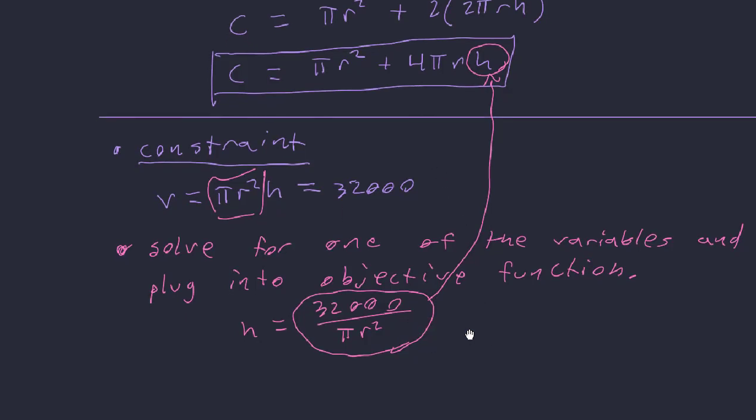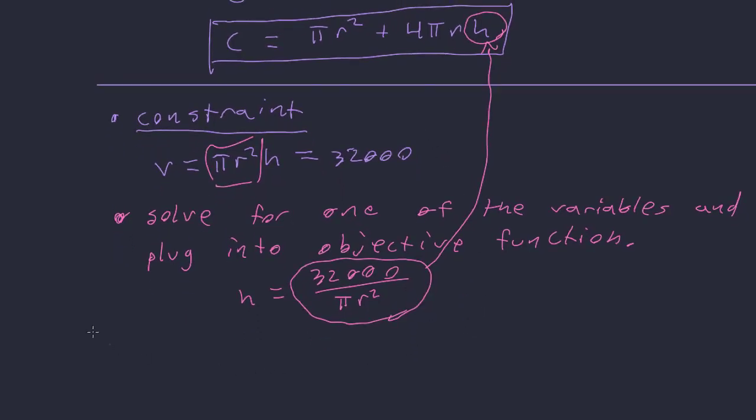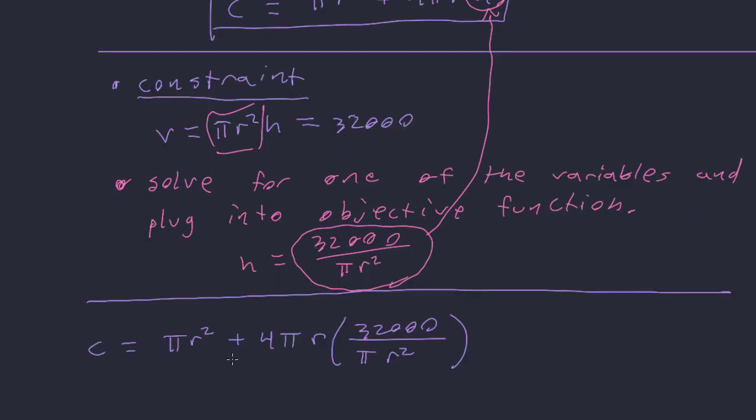Okay, so let's go ahead and plug that into our objective function and see what we get. The objective function becomes pi r squared plus 4 pi r times 32,000 all over pi r squared. Here the pi's are going to cancel, and this r will cancel with one of these r's.